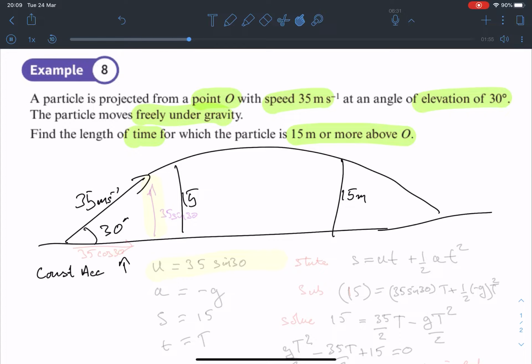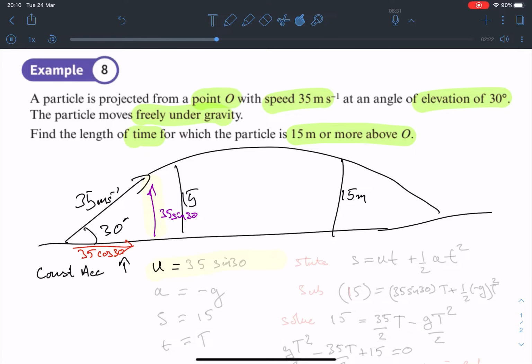And u then, let's break this speed down into its components. Horizontally, we've got 35 cos 30, because that's adjacent to the angle. And then we've got 35 sine 30.